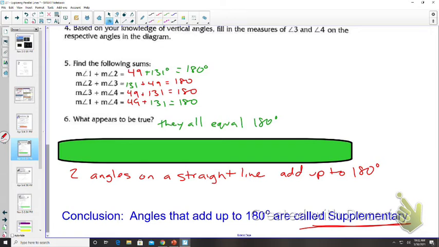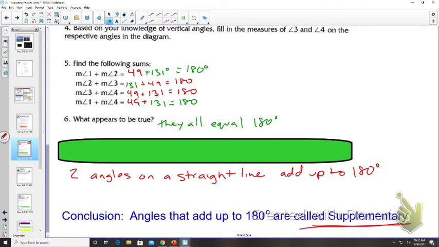Okay, so write those sentences down, please, if you have not done so. Okay, so angles that add up to 180 are called supplementary.